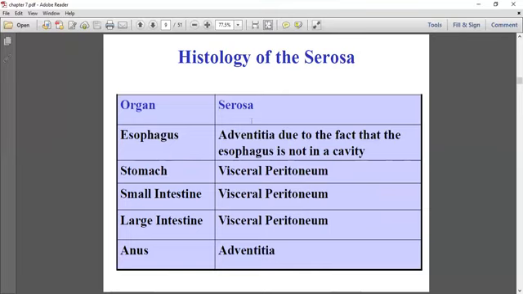Esophagus having serosa? No serous membrane or visceral membrane, no simple squamous epithelium, only connective tissue. Thus, the outermost layer is called adventitia.